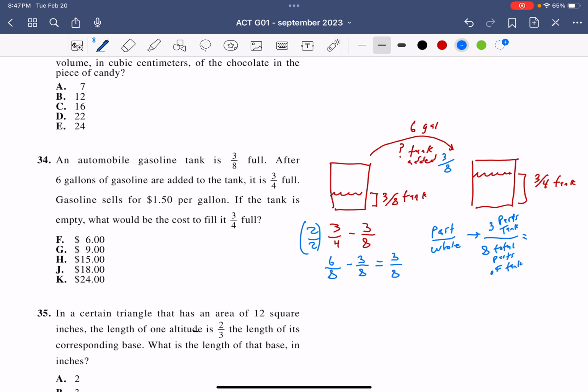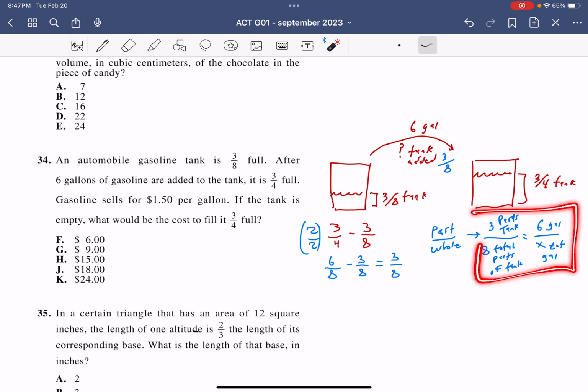And that's going to be equal to 6 gallons over X total gallons that fill up the tank. Again, if I add 6 gallons to the tank, and it turns out that that ends up being 3 of 8 parts of the tank, then 6 gallons fills up 3 parts of that tank. That's how I set this up.